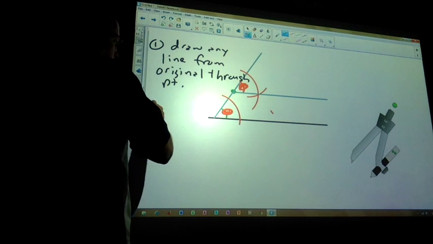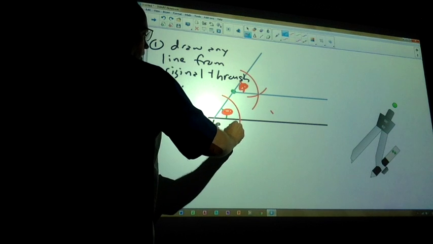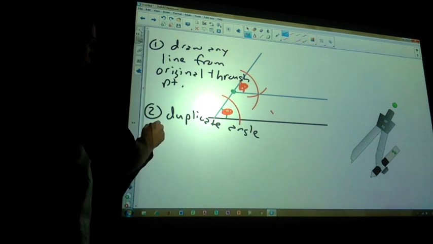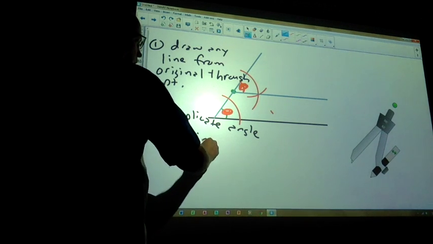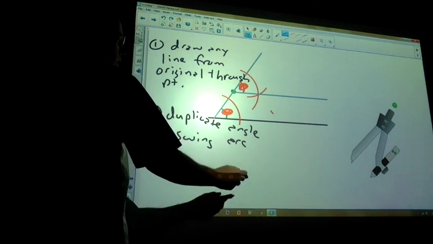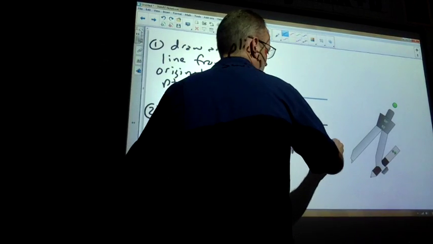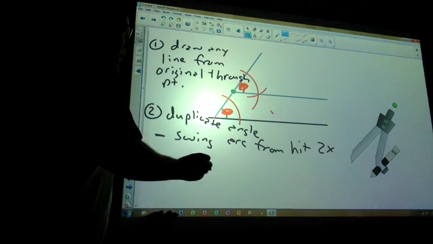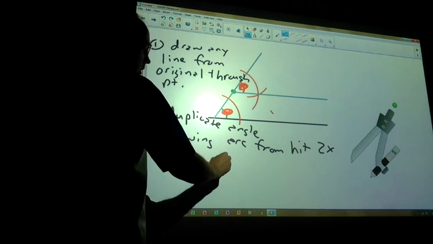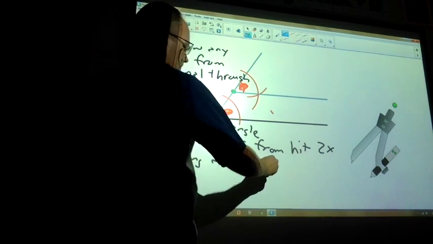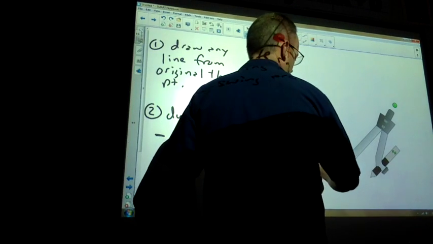Second thing, duplicate angle. So when you duplicate an angle, you have to swing an arc from the angle, hit twice, two times. Swing an arc from the point to hit the new line.